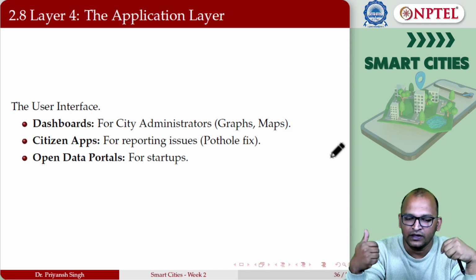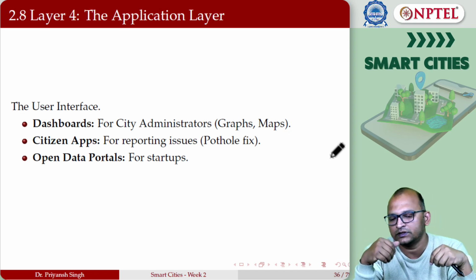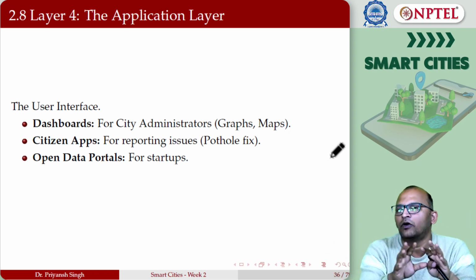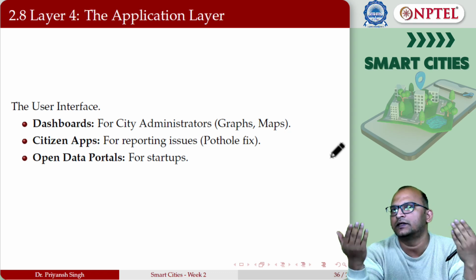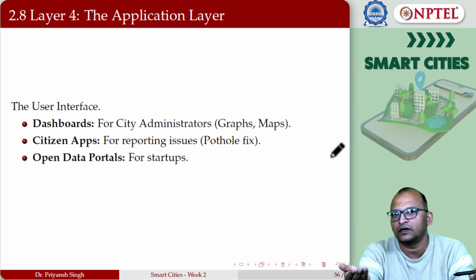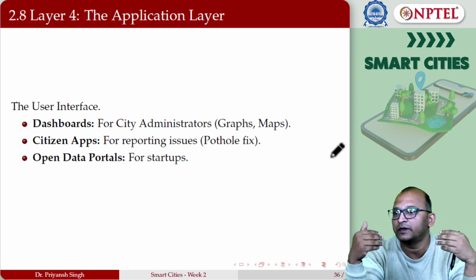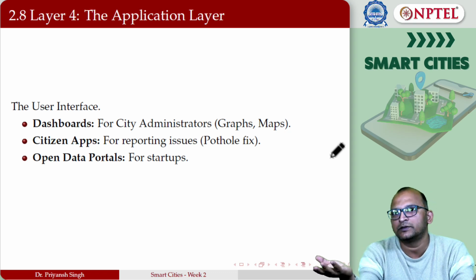Then you may have some open data portals where you can provide all this information, which can be accessed by third parties, maybe some startups or companies which provide smart solutions.